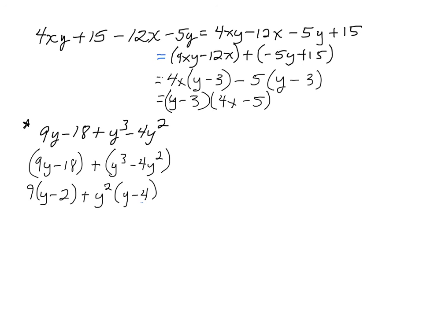So let's see if we can rearrange them, and do it in a different color. Let's see if we can go 9y plus y cubed minus 4y squared minus 18. Let's see if we can group them that way.